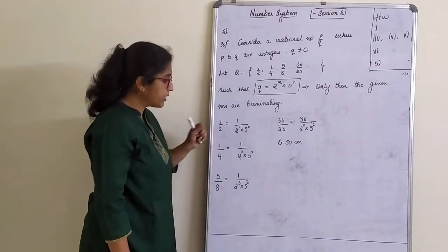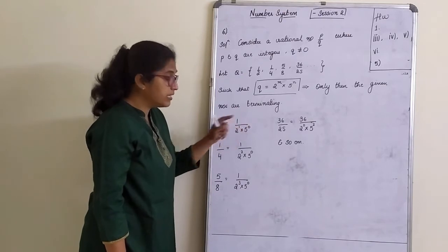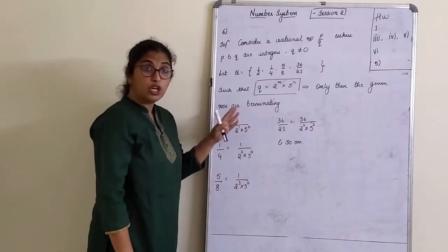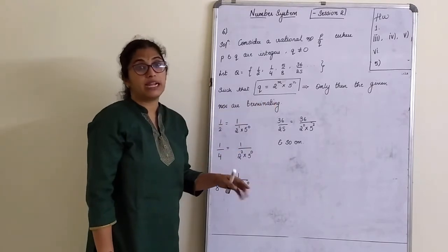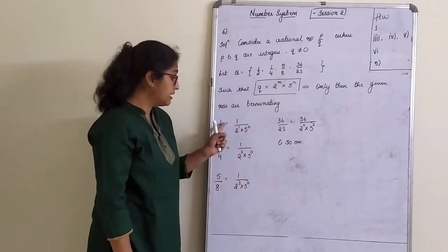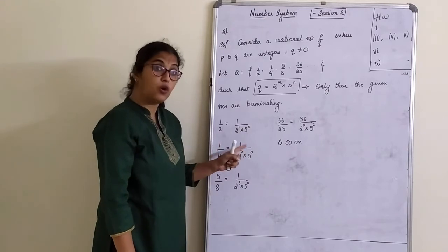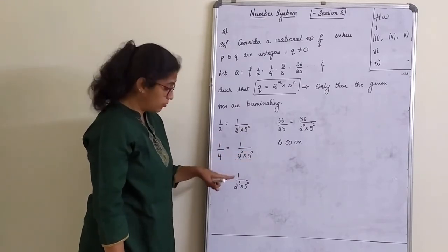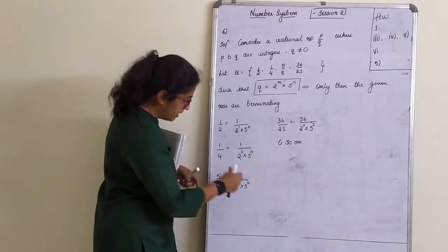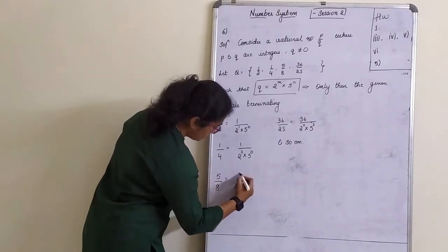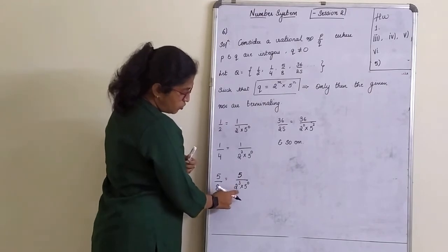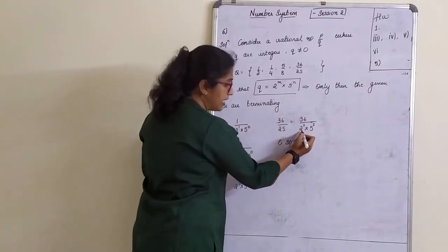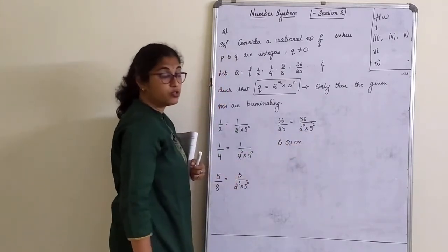Example, 1 by 2 can be written as 2 raised to 1 and 5 raised to 0. Simple, children, this is the technique. You can also divide it and show that it is terminating, but what is important here is how we write. 1 by 4, 2 squared into 5 raised to 0. 5 by 8, oh sorry, I need to write here 5 by 8, 2 raised to 3 and 5 raised to 0. 36 by 25, 2 raised to 0, 5 raised to 2.